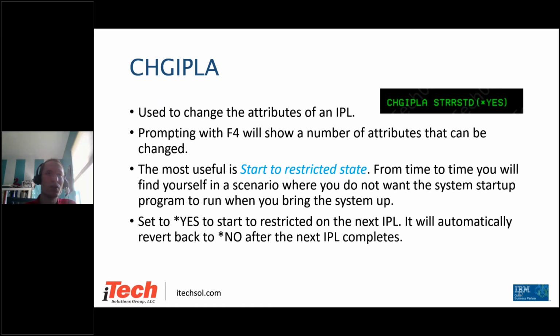So it gives you the option, if you want to restart the system but don't want everything to start firing when it starts up, you can tell it to be in restricted state when it comes up. A nice thing about that parameter is that if you do set it to yes, then after the next IPL it automatically reverts back to being no. So you don't forget about it, and then some scheduled IPL happens and the system stays down. So it kind of keeps you from shooting yourself in the foot.